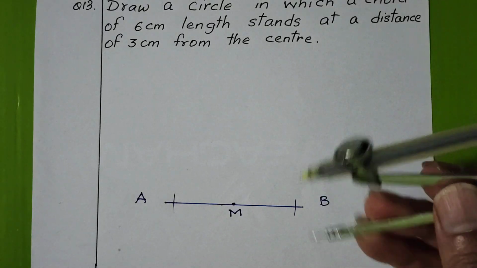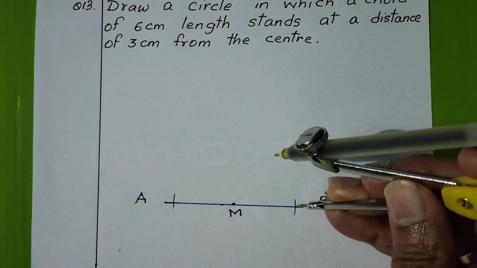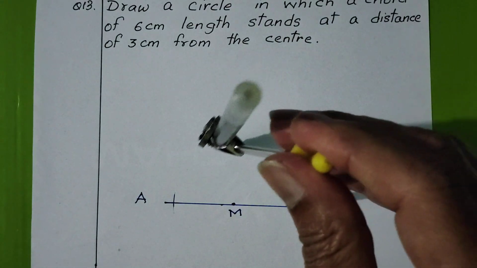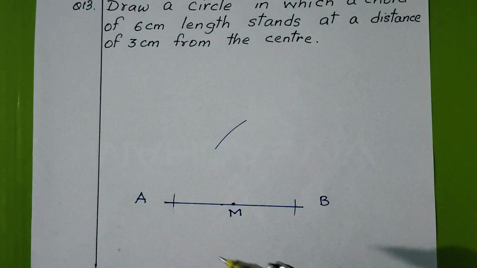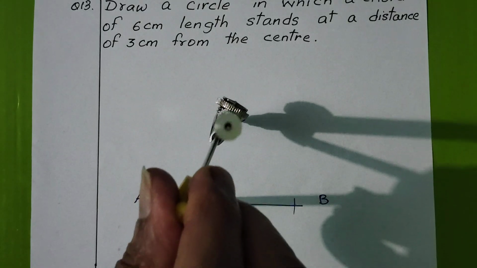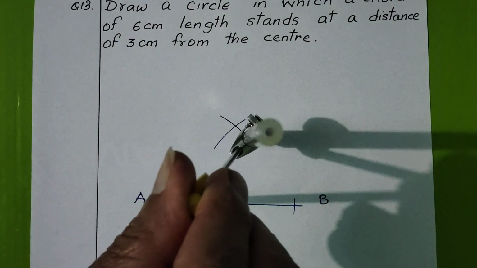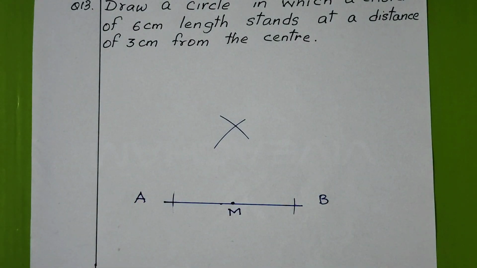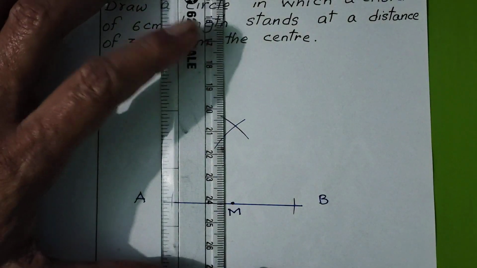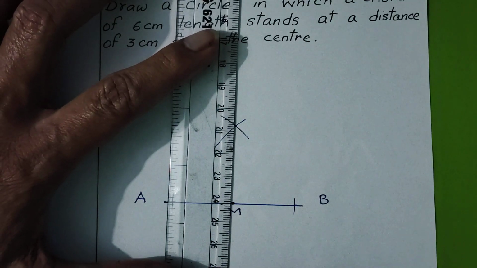Then we will keep the compass here, stretch more than half of the distance and draw arcs. So now we are drawing a perpendicular at M.